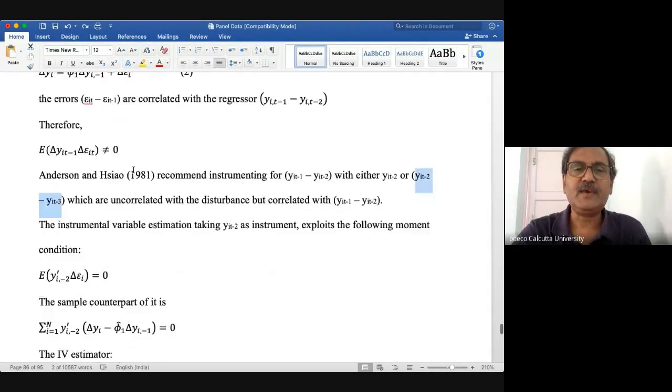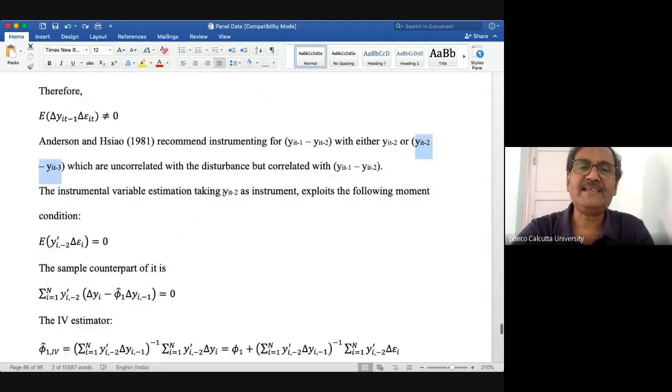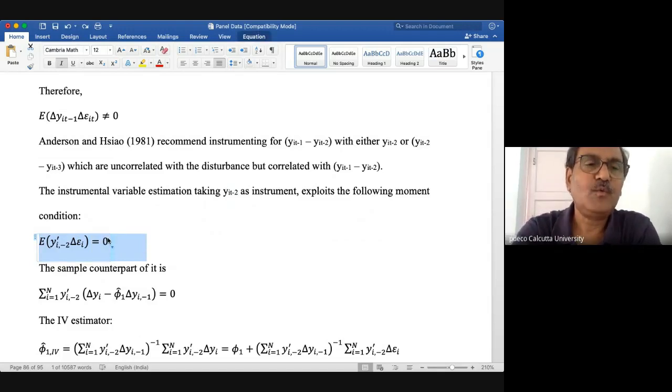If we use yit minus 2 as an instrument, then we have a moment condition like this: expected value of y prime i minus 2 into delta epsilon i equal to 0.